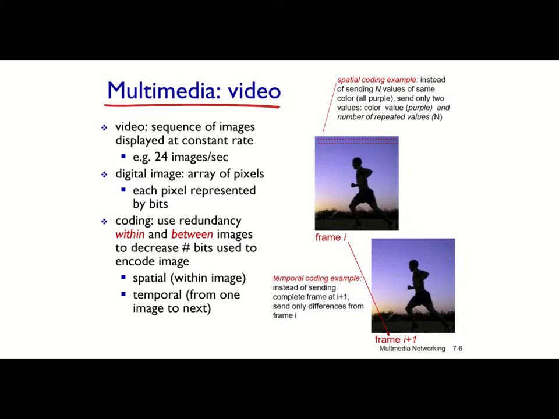So instead of sending the complete frame at I plus 1, we can only send the tiny differences that it may have with frame I in most cases.